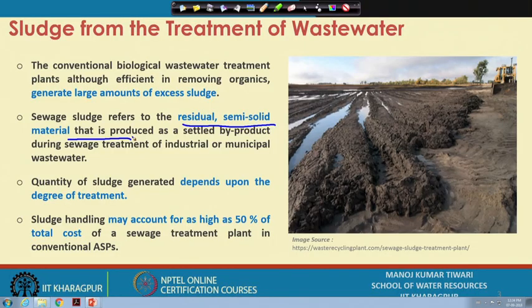There is a lot of moisture content, so it is not a dry solid but a semi-solid, with a significant amount of moisture. This is produced as a settled byproduct during sewage treatment, or during the treatment of industrial wastewaters, and the quantity of sludge generated eventually depends on the degree of treatment.